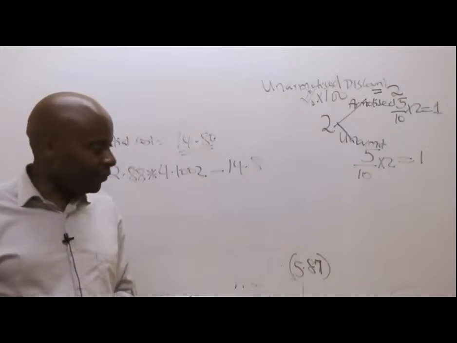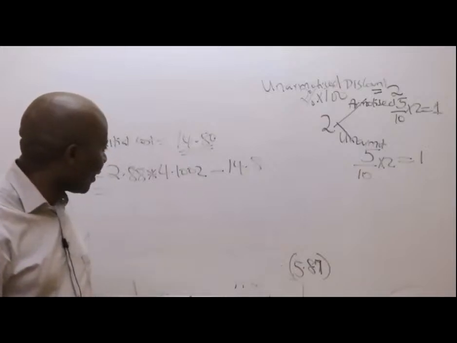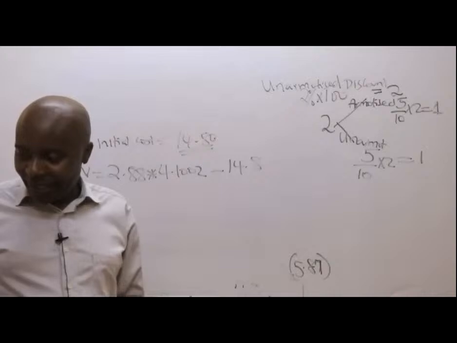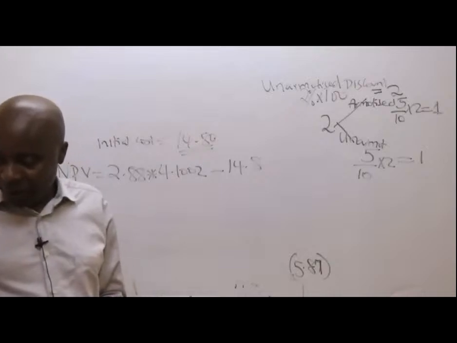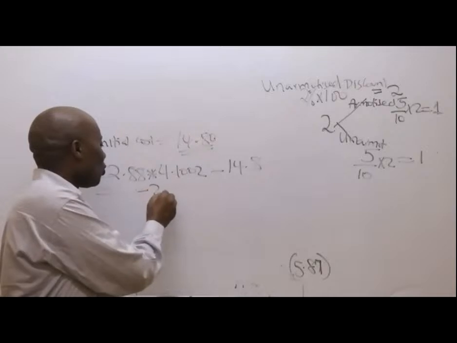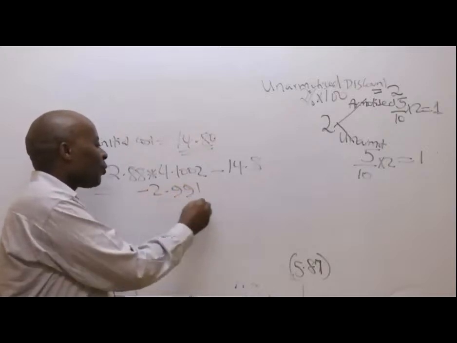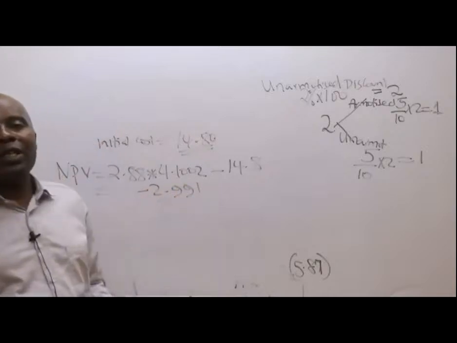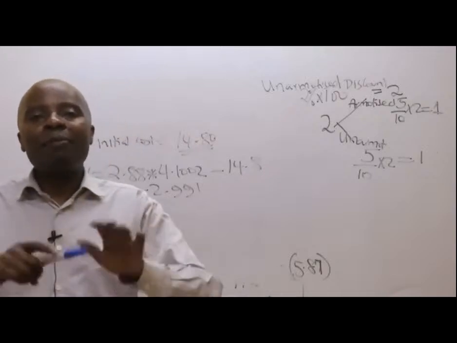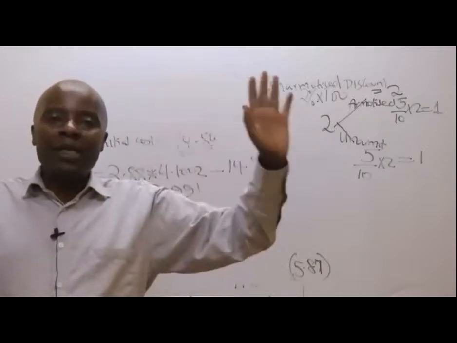Somebody has given me a net present value. Can it be negative? Negative 2.991. So it comes to negative 2.991. And of course, any project whose NPV is negative is a bad project. So in this case, we are better off not redeeming.